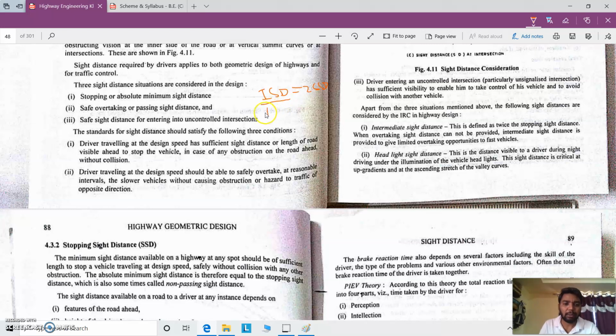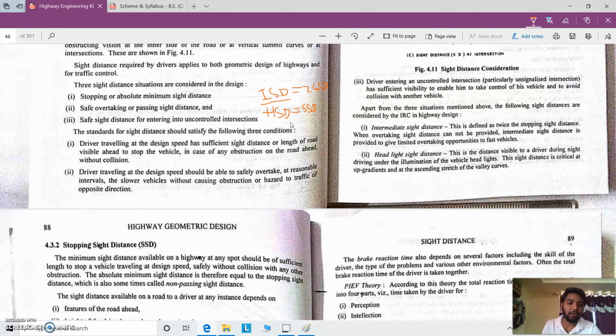And we are remaining with headlight sight distance. Headlight sight distance is nothing but the stopping sight distance only, because headlight sight distance is considered during night driving under the illumination of vehicle headlights, so it is the same as the stopping sight distance.